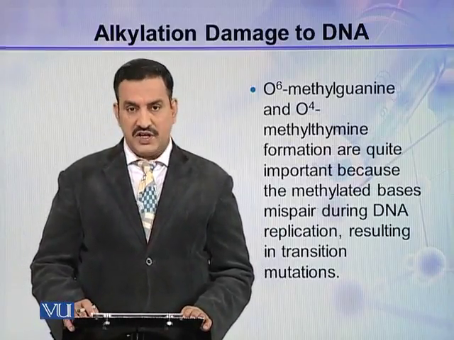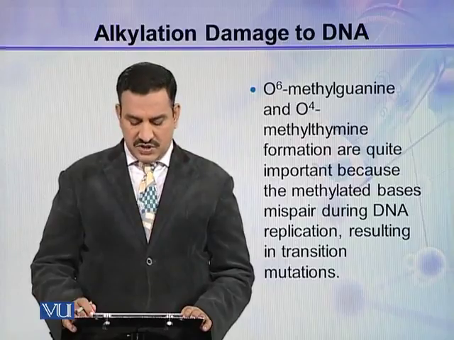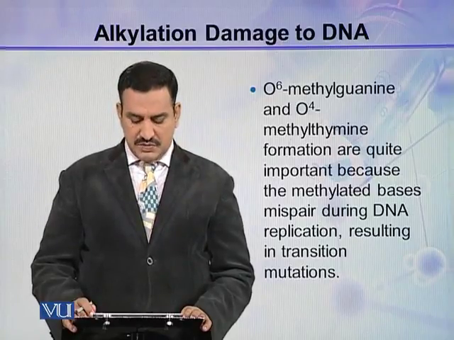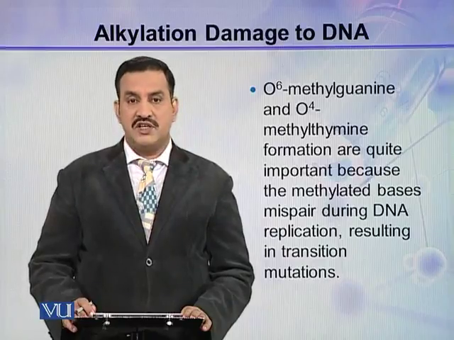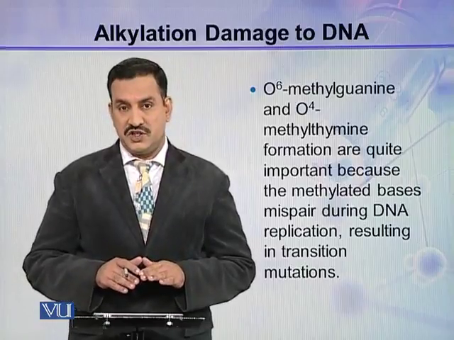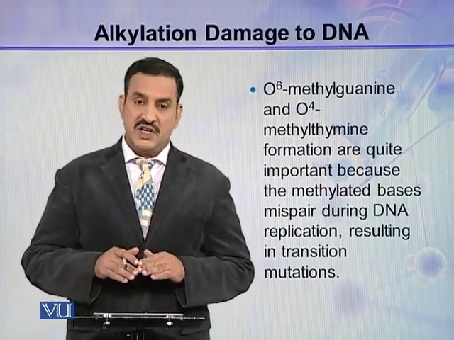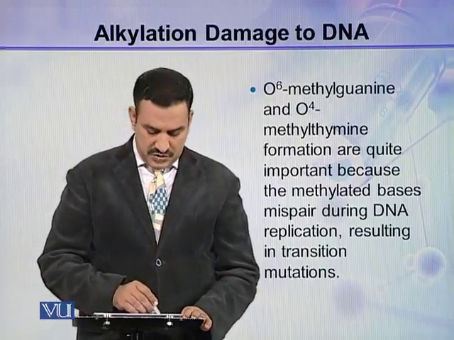O6 methyl guanine and O4 methyl thymine formation are quite important because the methylated bases mispair during DNA replication and they result in transition mutations. So these methylations, although they are rare, will lead to transition mutations.